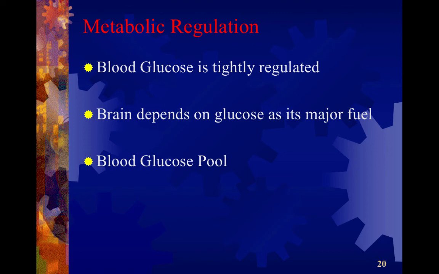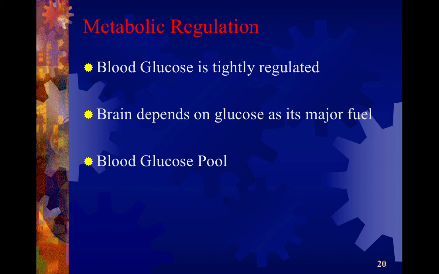If it goes too low, our body responds. If it goes too high, our body responds. So it's important that blood glucose is regulated even in between meals. And one of the reasons is because the brain depends exclusively on glucose under normal conditions. And we've talked about that a few times.